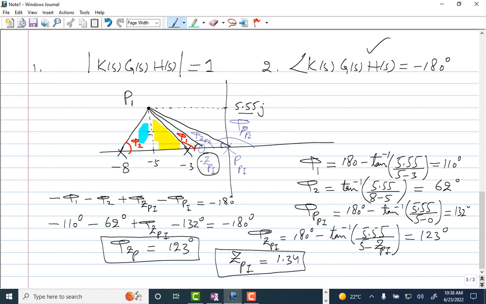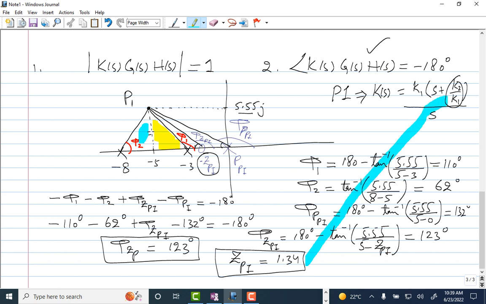Now I know the location of the zero and the location of the poles. From here, the PI controller k of s, if you remember, I wrote like k1 times s plus k2, divided by s. This zero value is equal to this one.